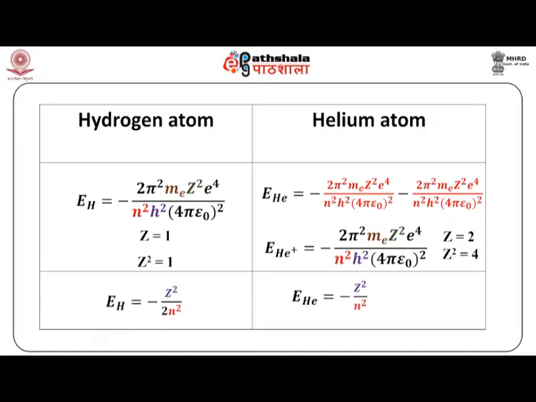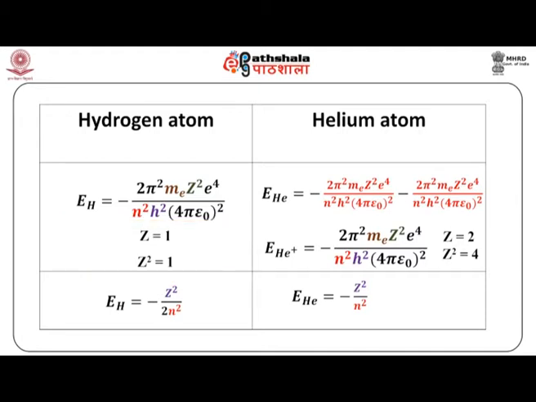On the left hand side, the energy of the hydrogen atom is given by minus 2 pi square m e Z square e to the power 4 divided by n square h square, with (4 pi epsilon 0) whole square in parentheses. Here Z is equal to 1 and therefore Z square is also equal to 1.